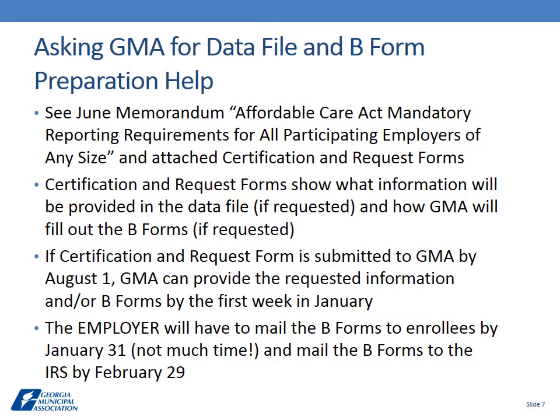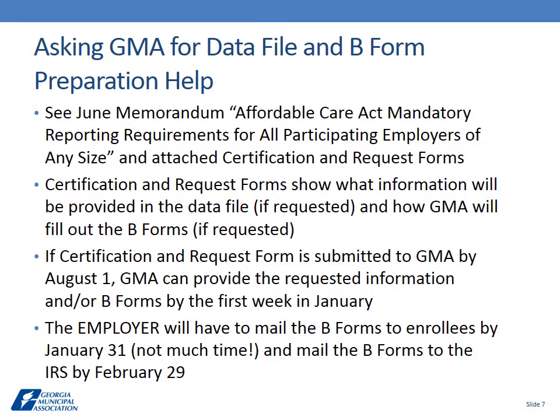Asking GMA for data file and B form preparation help. Please see the June memorandum entitled Affordable Care Act Mandatory Reporting Requirements for All Participating Employers of Any Size and the attached certification and request forms. The certification and request forms show what information will be provided in the data file, if it's requested, and how GMA will fill out the B forms, if requested.